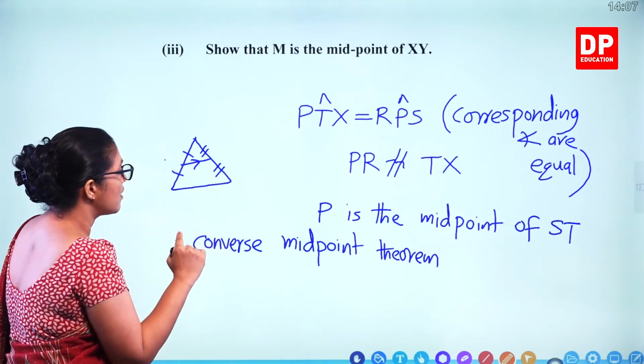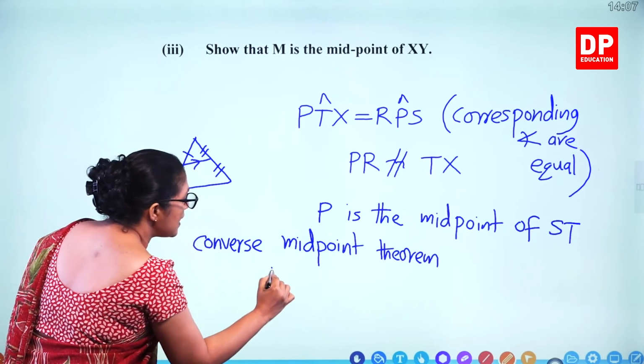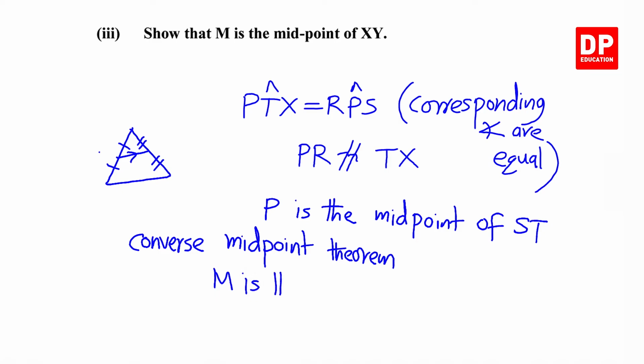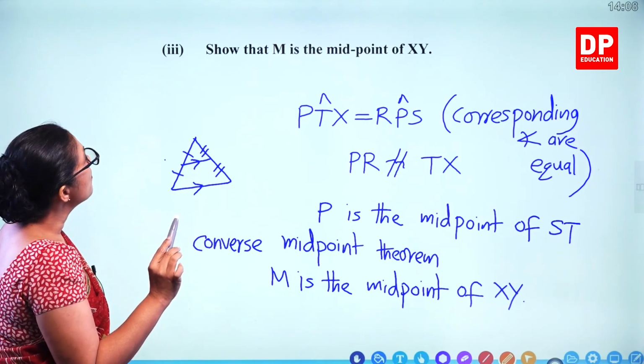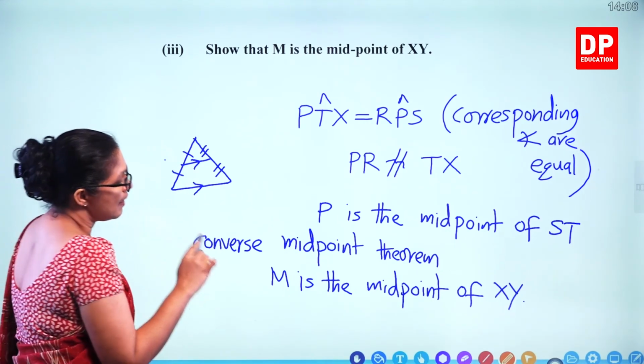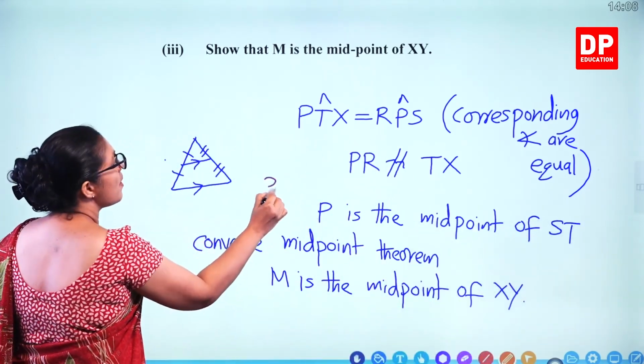So we can say by the converse midpoint theorem, M is the midpoint of XY, because we are drawing parallel lines there. So that's the proof. So earlier we gave 7 marks, so we can give 3 marks for that.